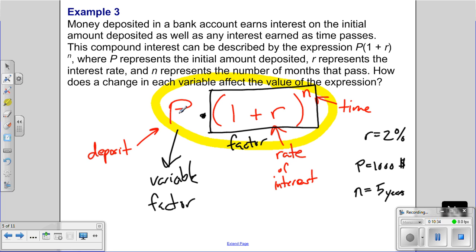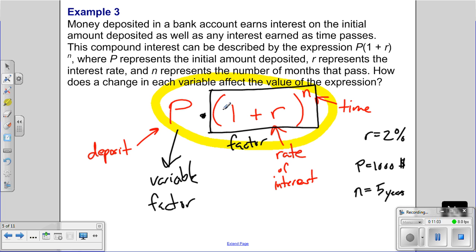Now, let's say it was back to $1,000. Let's say you went to a competitor bank and they were going to give you 3%. Well, the R changes, this factor changes, but does the P change? Do you show up with more money because of that? No, the money you have is the same. So notice these two factors work together to give you the overall product, but the two factors really have nothing to do with one another.